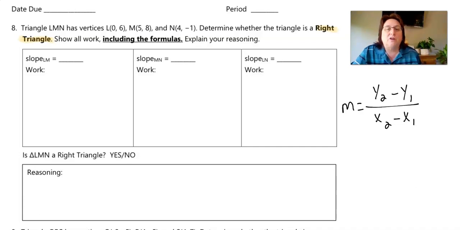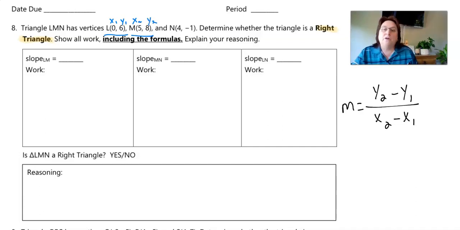Okay, we're going to use the slope, and let's go. The slope of LM. So when I'm working out the slope of LM, I'm going to look just at L and M up here. And what I'm going to do is I'm going to label my points x1, y1, x2, y2.